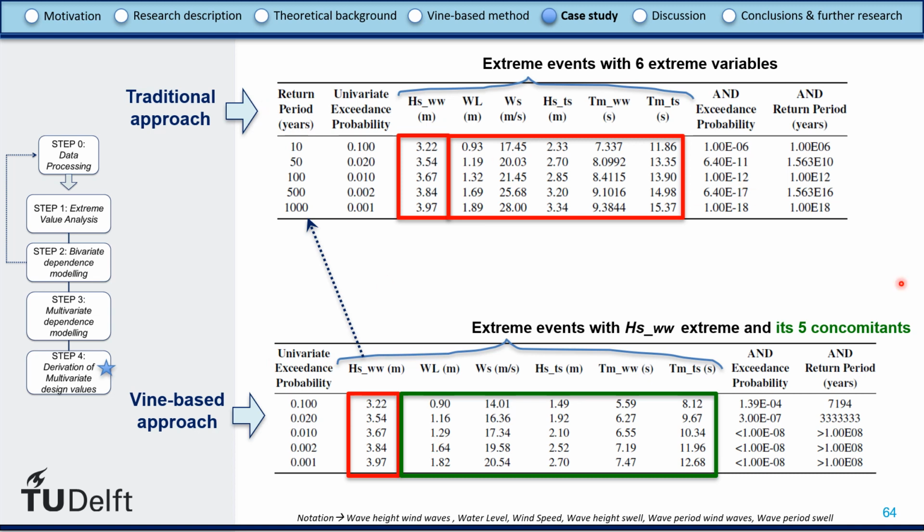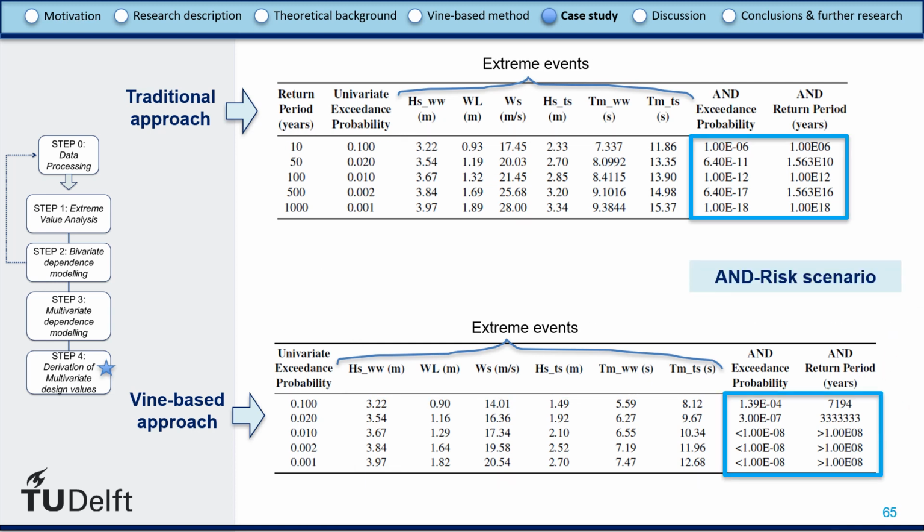As we can see here, the design values achieved by the vine-based approach are much smaller than the ones achieved by the traditional approach. If we now focus our attention on the multivariate return periods, we see that the multivariate return periods are much larger for the traditional approach than for the vine-based approach.